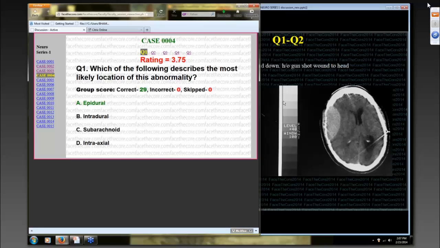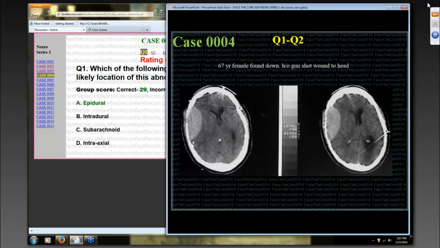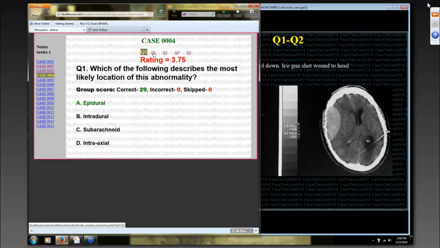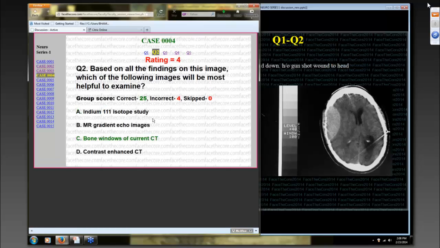Location-wise, though epidural lesions do typically show a biconvexity like this, please remember that chronic repeated subdural hematomas with some sort of adhesions can produce a false appearance of a biconvex lesion like this, and so a chronic subdural can mimic an epidural lesion, but the clinical history would be much more helpful in those cases. And coming to the subarachnoid location, as we all know, it follows the cerebral sulci and the fissures, and within the cisternal spaces when you see the hyperdensities, obviously it is a subarachnoid bleed, and we can't miss that.